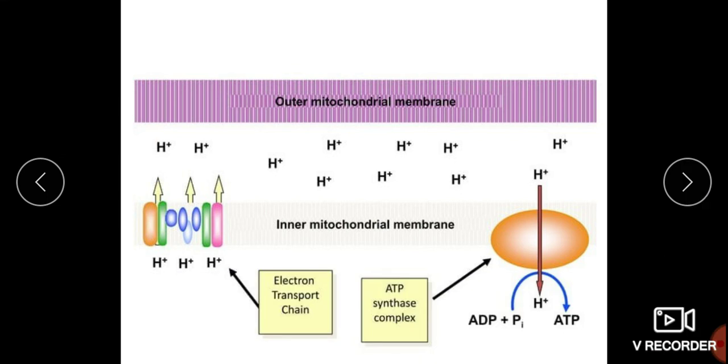The hydrogens are saturated in this area and return into the matrix across the inner mitochondrial membrane. But in the inner mitochondrial membrane, there is an ATP synthase enzyme, and it leads to formation of ATP by using ADP and one inorganic phosphate. So there is a need of an H plus gradient across the inner mitochondrial membrane, and the energy stored in proton form is utilized for production of ATP.